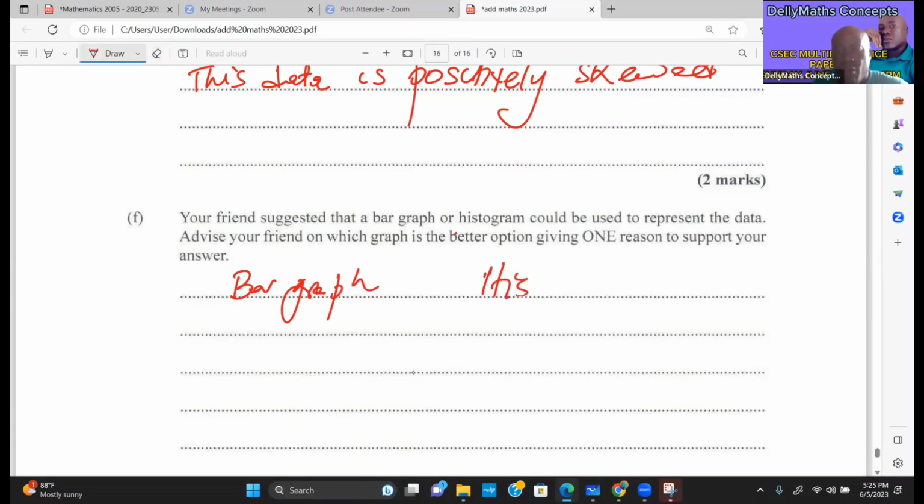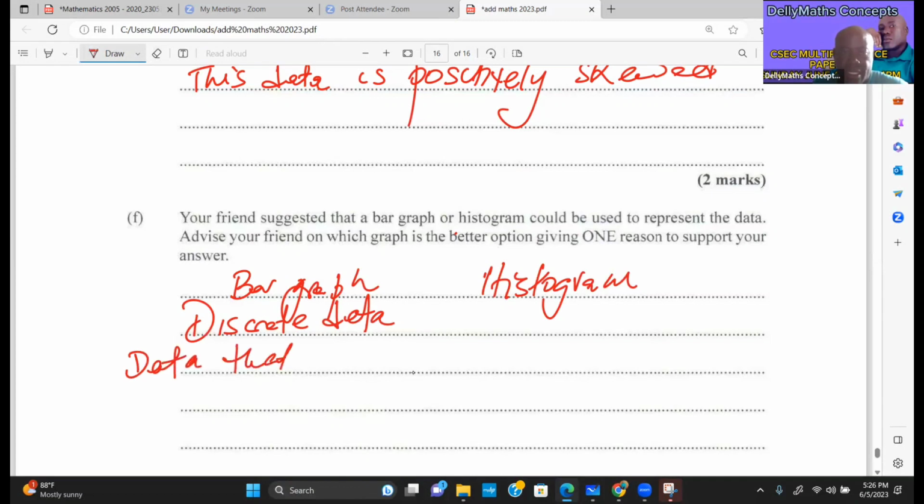Now, the main thing is that we want to know which graph represents what. Bar graph is used to represent discrete data. We're talking about data that can be counted.